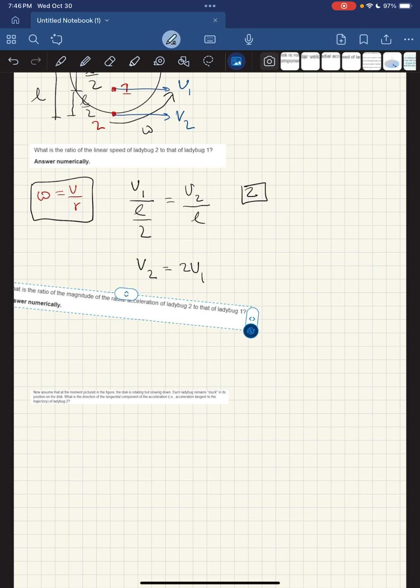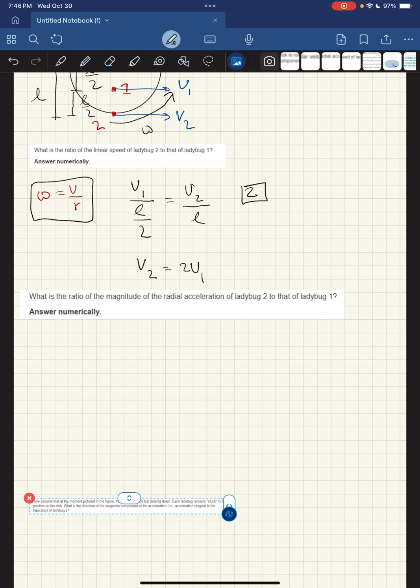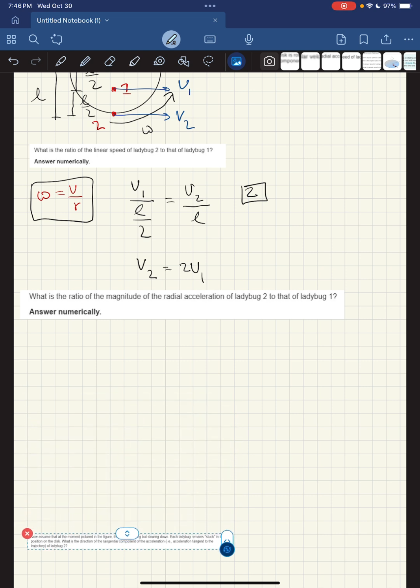Part C asks for the ratio of the magnitude of the radial acceleration of ladybug 2 to that of ladybug 1. Radial acceleration is also known as centripetal acceleration.